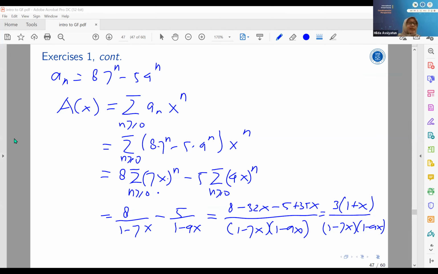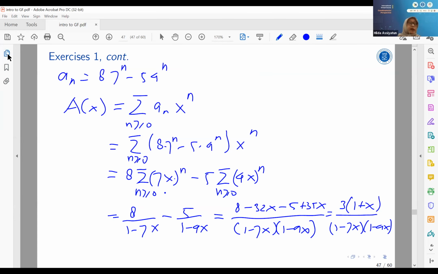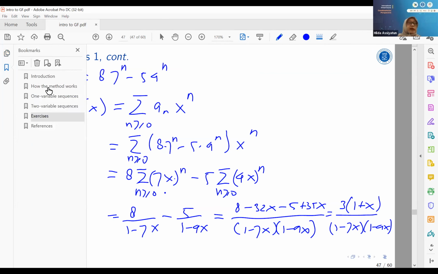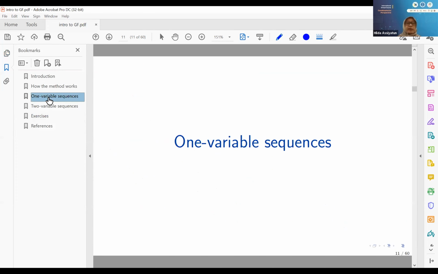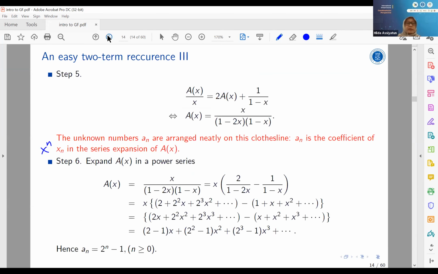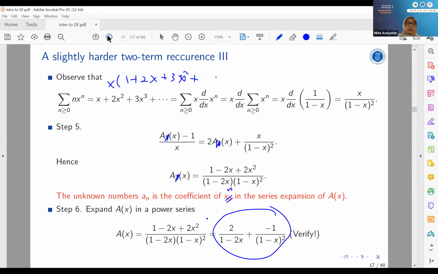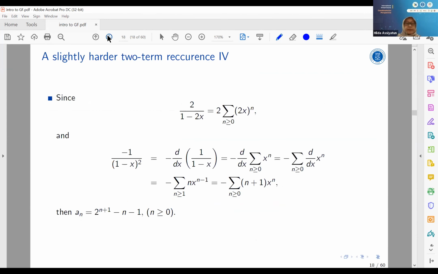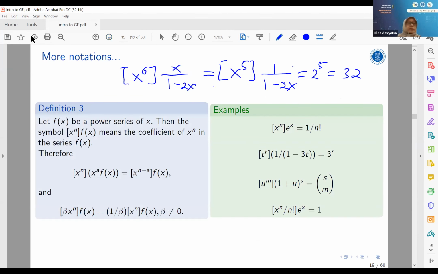Okay, now let's continue with the third example.